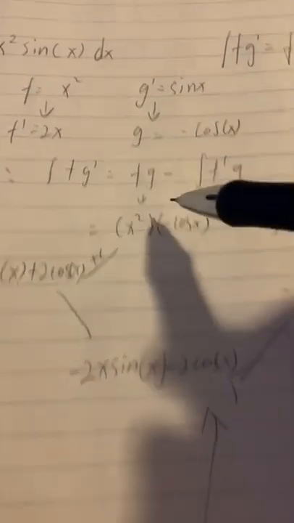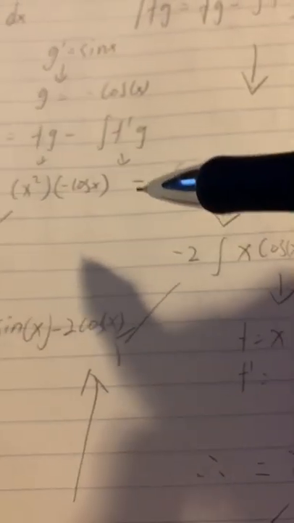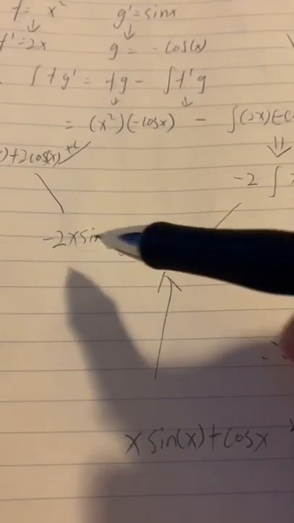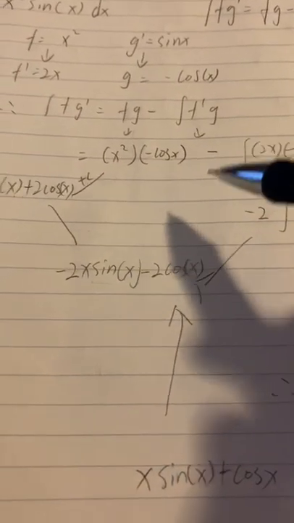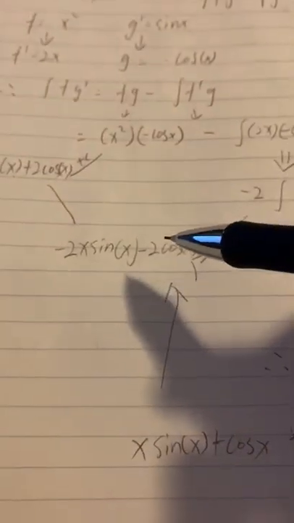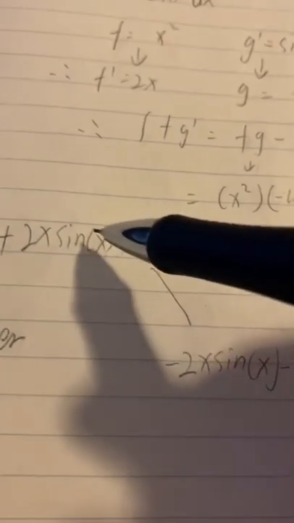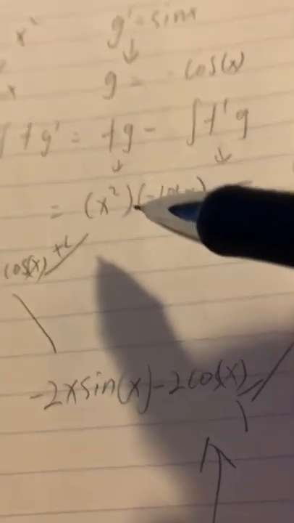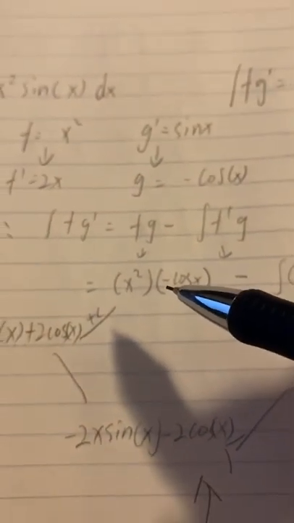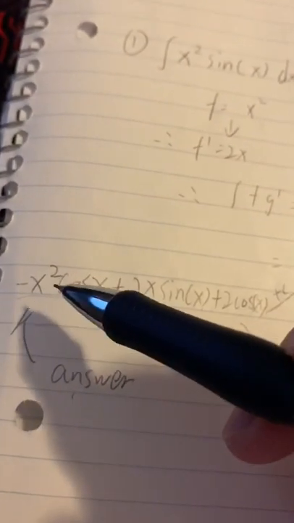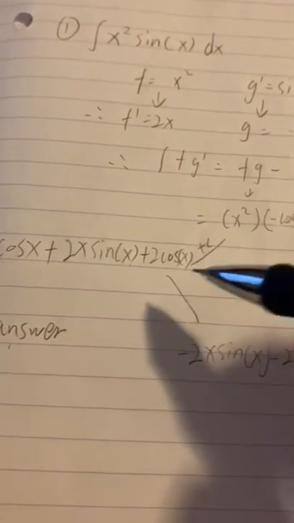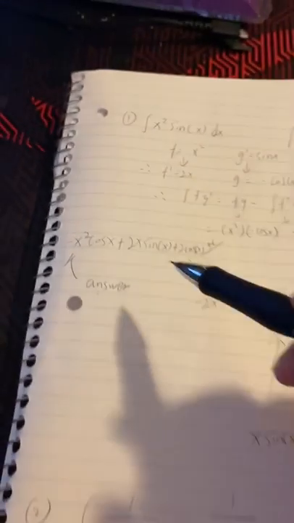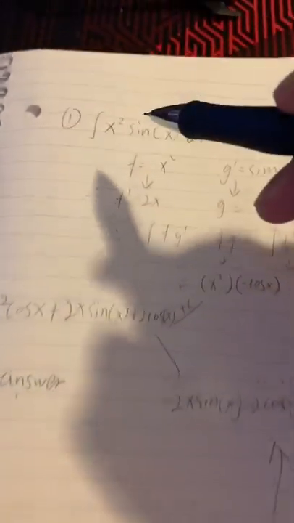Then the last thing is this part minus this part. We get 2 plus, and here it is x squared multiplied by minus cosine, so we get minus x squared cosine x plus 2x sin x plus 2 cosine x. This is the final answer for this integral.